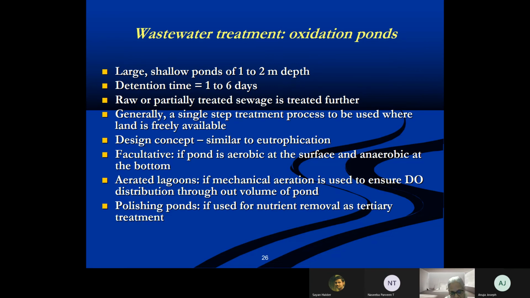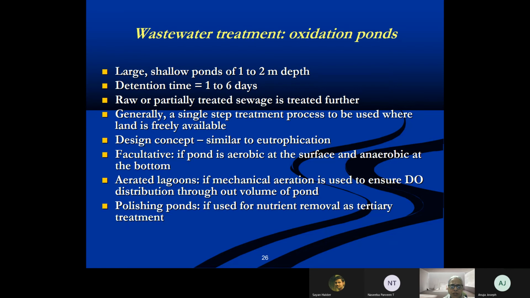There is no separation in terms of hydraulic and biomass retention time, which is the case in all the other processes where the biomass is retained for a longer period of time compared to the water. So here there is no split between the two, and it's a single tank process.